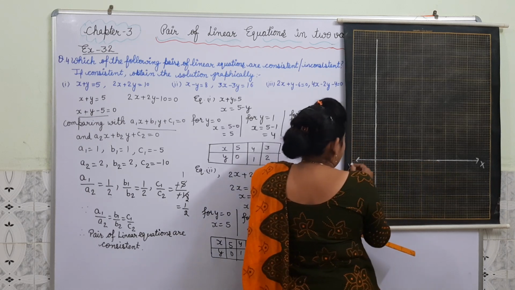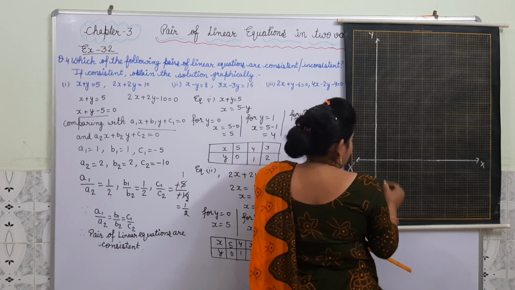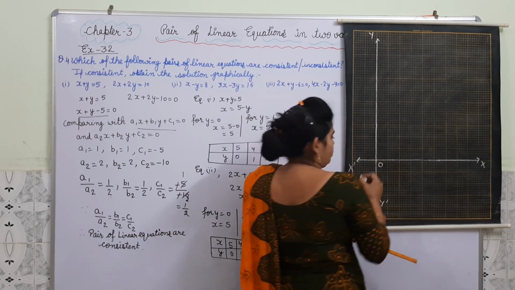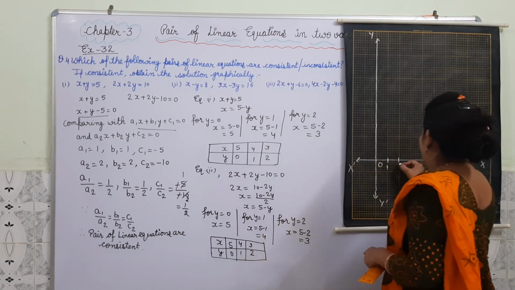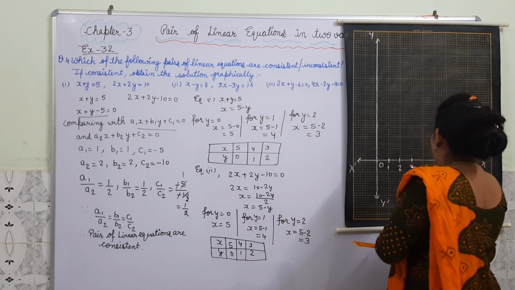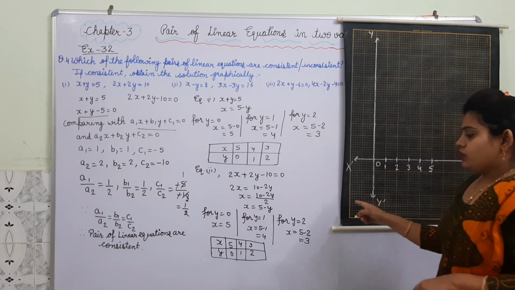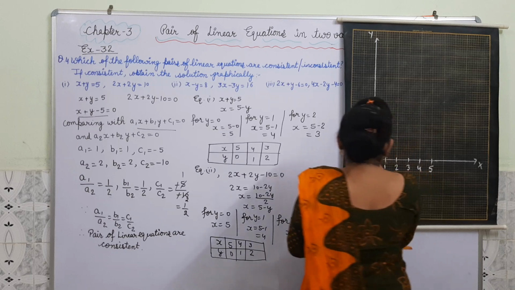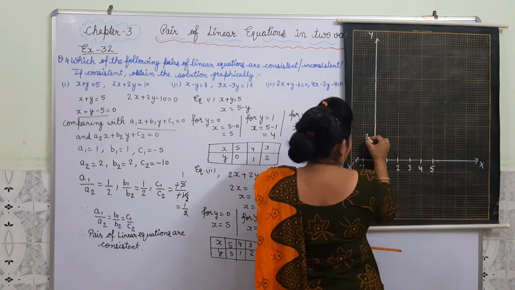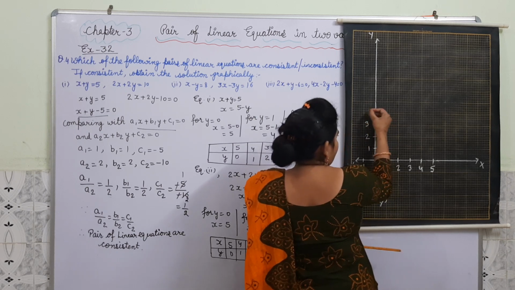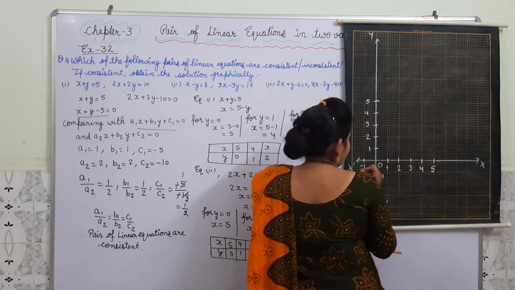X-axis x, x dash, vertical line y-axis y, y dash, and this is the origin, that is 0. Now we can take a one unit distance gap: 1, 2, 3, 4, 5, because that is the maximum value. We can take negative values also: minus 1, 1, 2, 3, 4, 5. You can take minus 1 also.